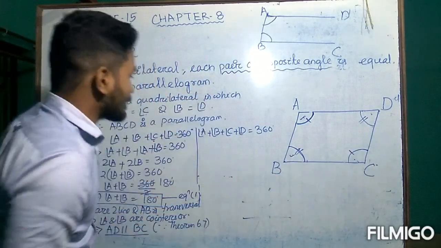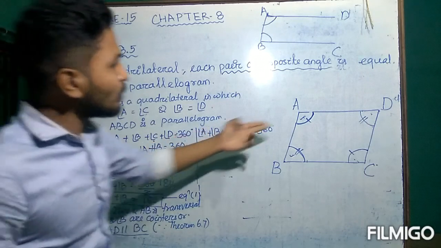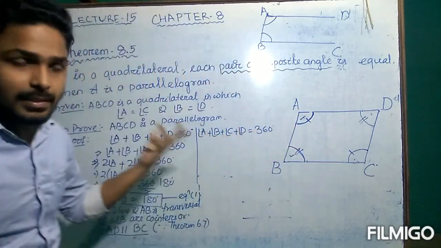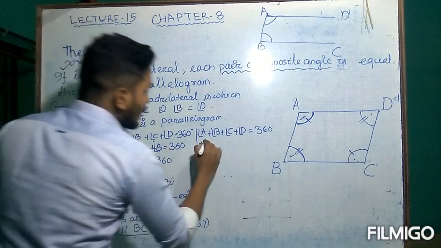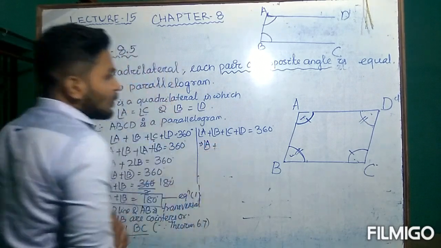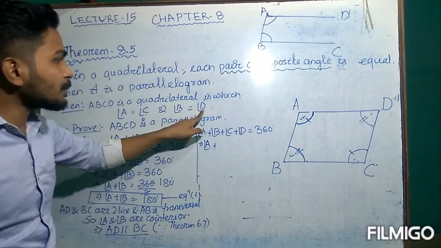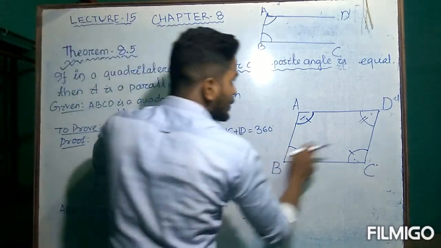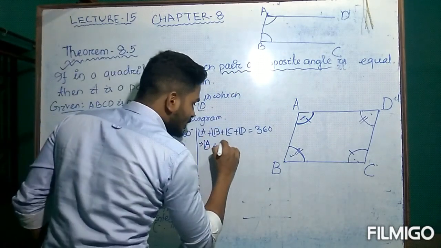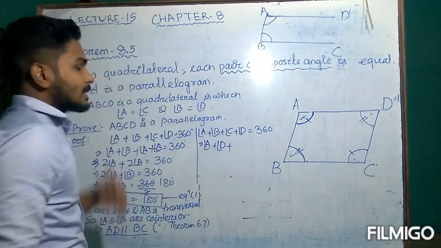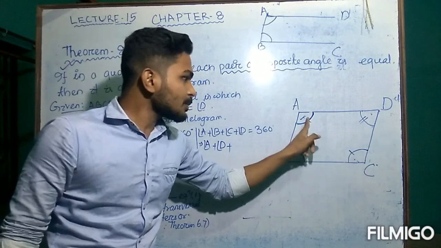Coming to the second step, second column. Here also we know the sum of all four angles is 360 degrees. Now here you can write A as A. In the place of B, can we substitute D? Yes, we can substitute because B and D are equal. Next, in the place of C, can you substitute A?